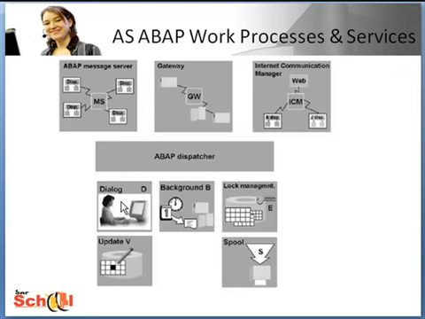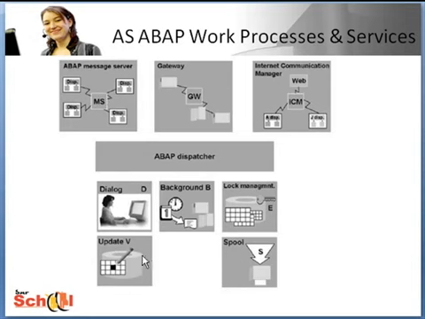Every dispatcher requires at least two dialog work processes. Then you have the spool process, which is used for printing. At least one spool work process is required for each SAP system, but it's possible to configure more than one depending on your printing requirements.